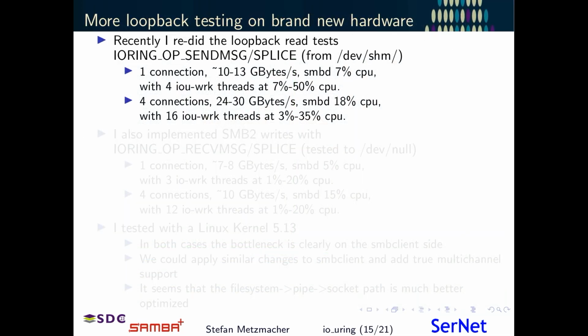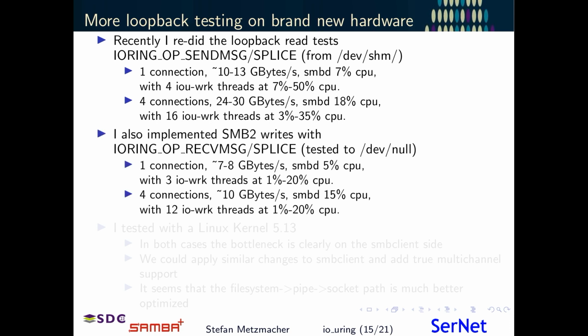So a while later I did the same experiments with a more powerful server and got even better numbers, and I implemented a prototype with the SMB write side, where we use receive message and splice in order to get data from the network, and then use splice to put it into the file system.